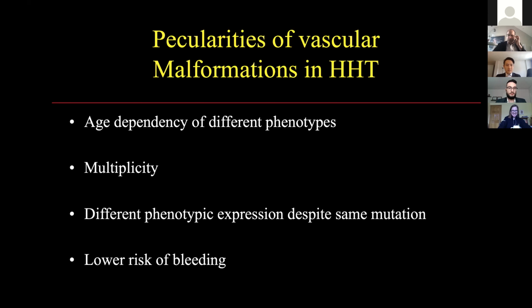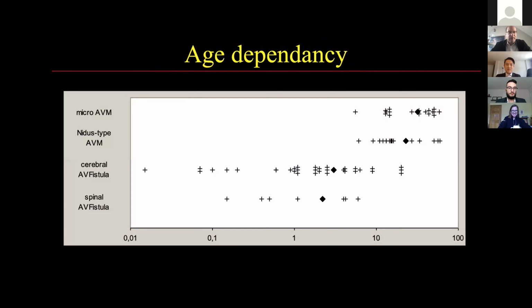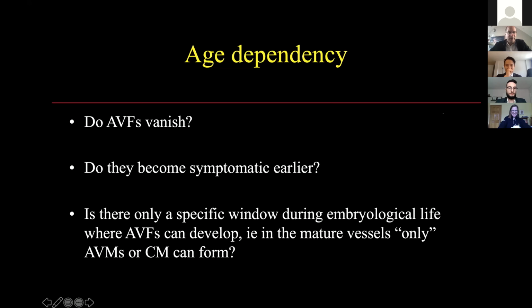So a couple of take-home messages. As I said, the spinal arteriovenous fistula and the cerebral arteriovenous fistula are the ones that are classically present in neonates and young children. There's AVMs, and the capillary malformations are present in more of the elderly age group.